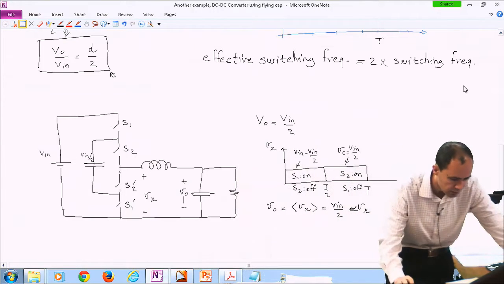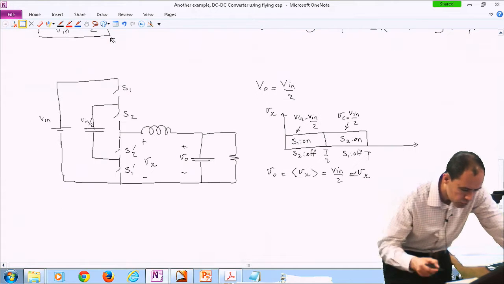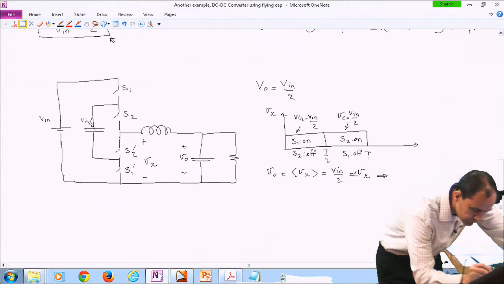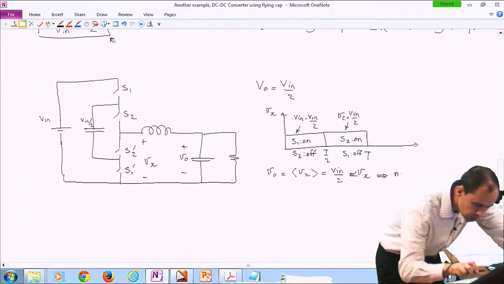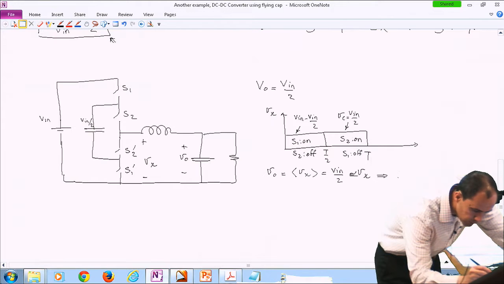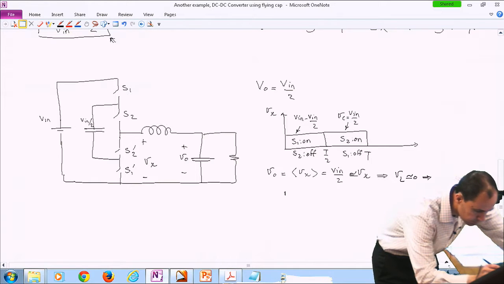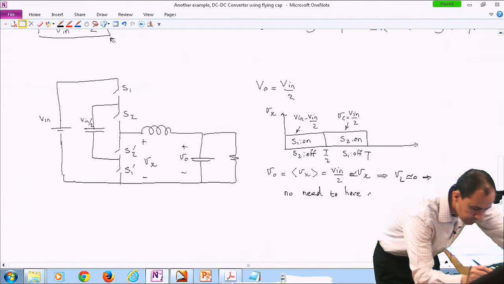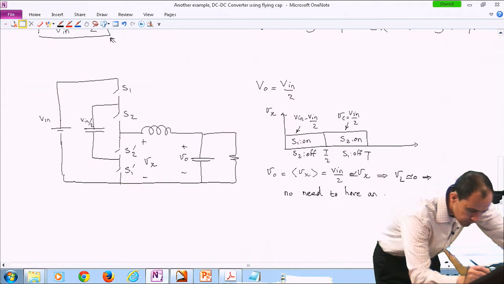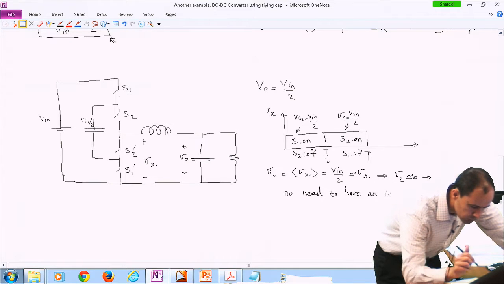Okay, so let's do that. So no need to have an inductor. Let me write it this way. VL is almost 0, so no need to have an inductor. Then we ignore the ripple, right? No need to have an inductor.